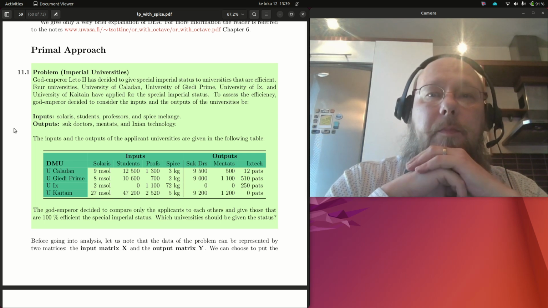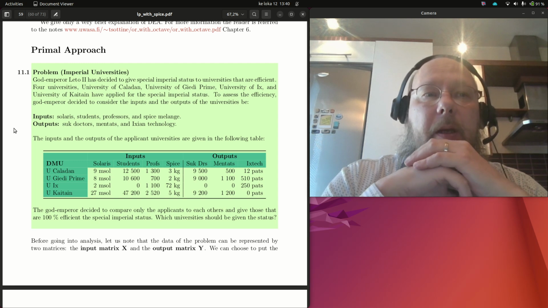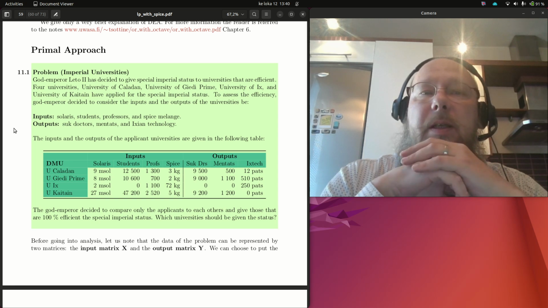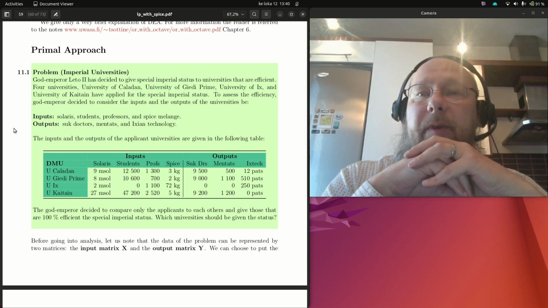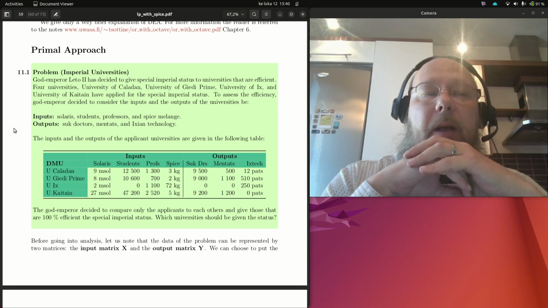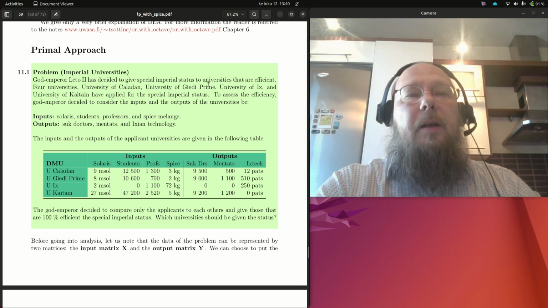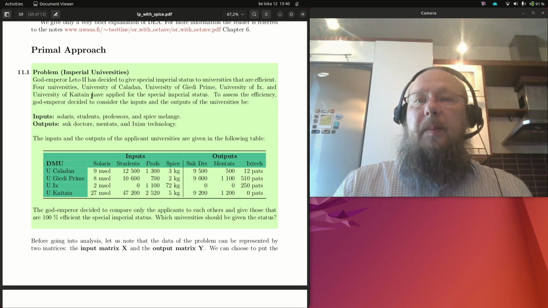We have problem 11.1 here, called Imperial Universities. God Emperor Leto II has decided to give a special imperial status to universities that are efficient. There are 4 universities: University of Kaladan, Giedi Prime, X, and Kaitain. They have all applied for this special imperial status.